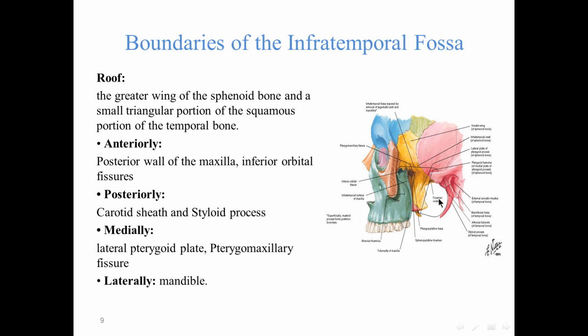In the medial wall of the infratemporal fossa, we can see a fissure, the pterygomaxillary fissure, located on the medial wall of the infratemporal fossa, and the lateral wall is formed by the medial surface of the ramus of the mandible.